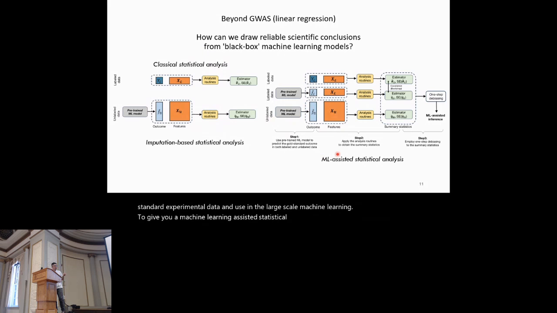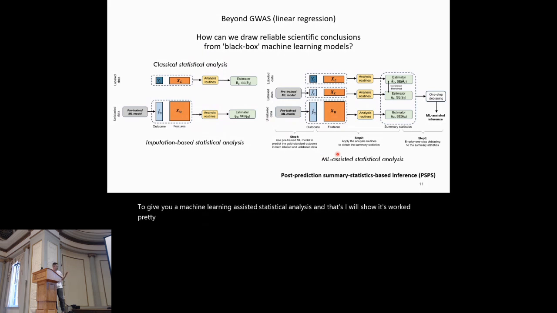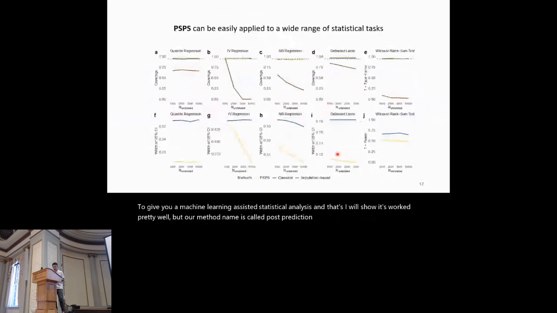Next I will show it works pretty well. Our method is called post-prediction summary stats inference, or PSPS. The basic idea is, because I've just talked about linear regressions, we developed a simple protocol that relies on existing software to only produce the summary stats, and then linearly combine these three estimates.